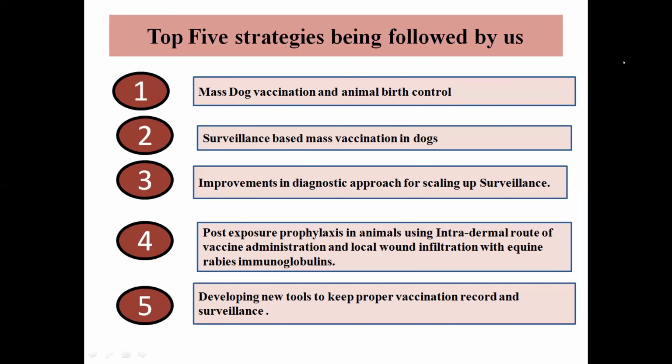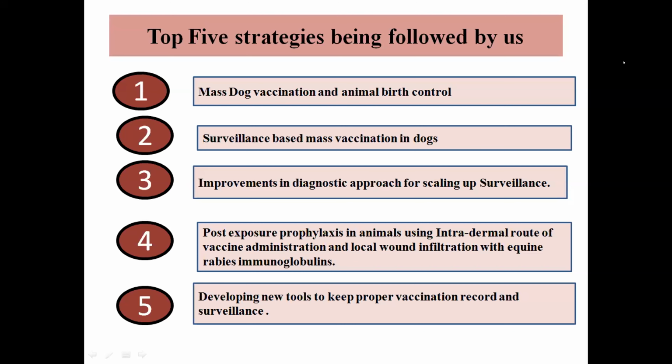Second is surveillance-based mass dog vaccination. Third is improvement in diagnostic approach for scaling up the surveillance. Number 4 is post-exposure prophylaxis in animals using the intradermal route of vaccine administration and local wound infiltration with equine rabies immunoglobulins. Number 5, developing new tools to keep proper vaccination record and surveillance.